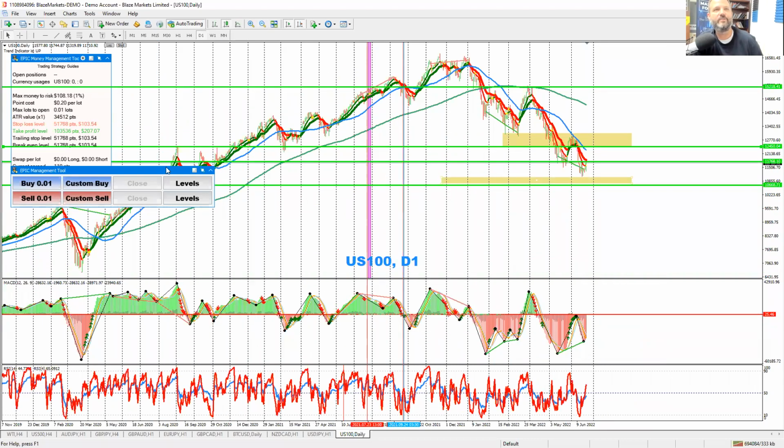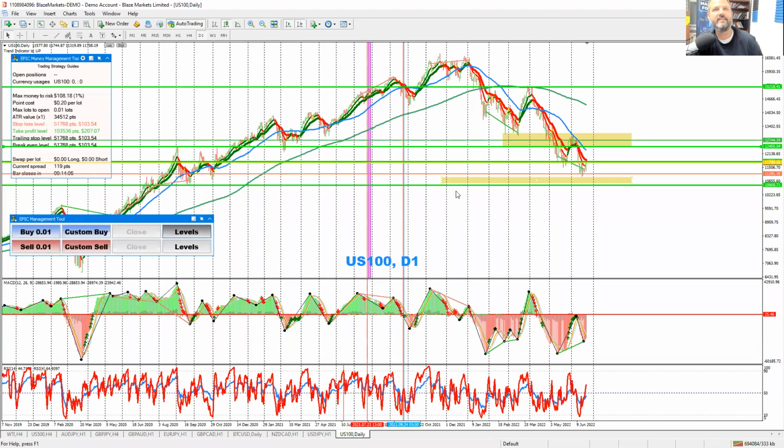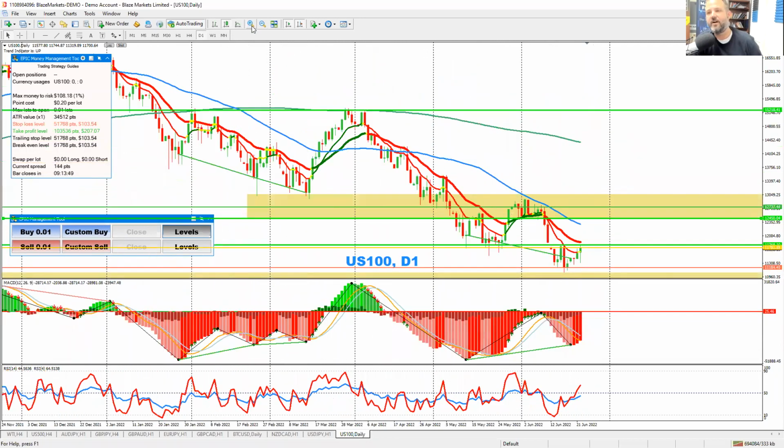See this zone, get that out of the way. See, I didn't even have to go over, but I knew that there was another zone here. See that? And so right now we're in between these areas. It's going to either come back down to this zone or come up to the next zone. So it's important to look at those areas and to be aware of them, right? And to really understand what the market is doing.